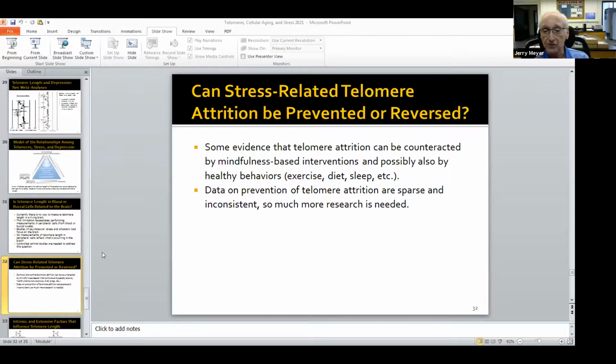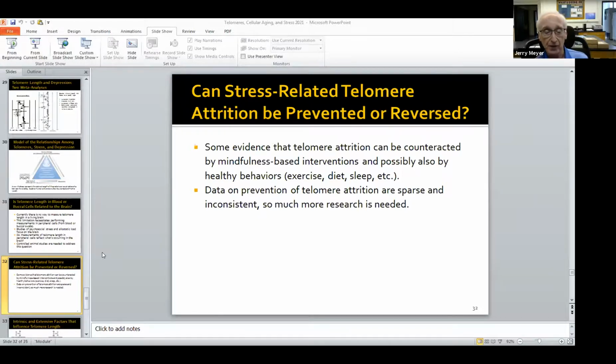My reading of what literature is out there is that there is some evidence that telomere attrition can be counteracted by healthy behaviors and perhaps by certain kinds of interventions, such as mindfulness-based interventions. But as I say, the research is right now what I would consider pilot stage.